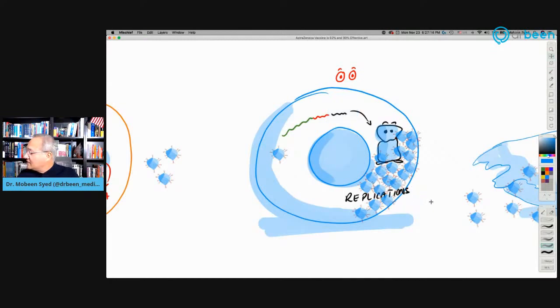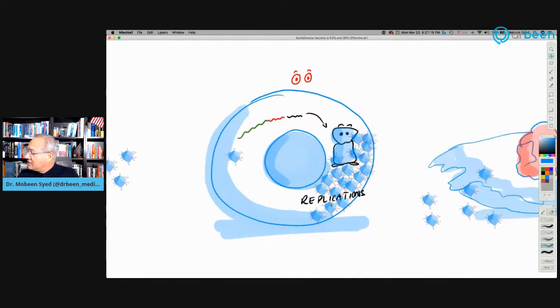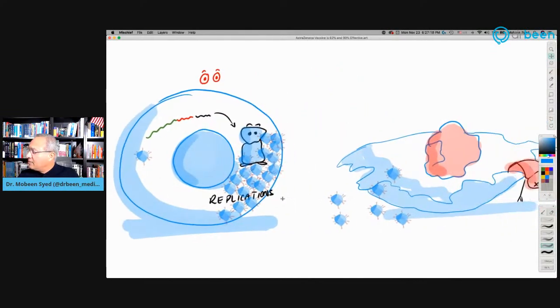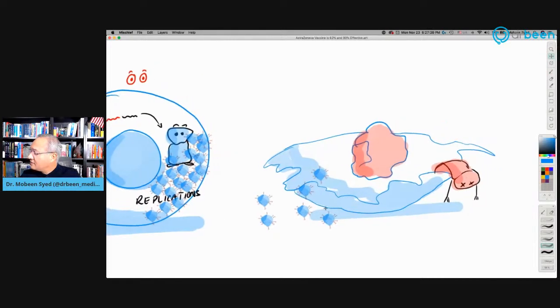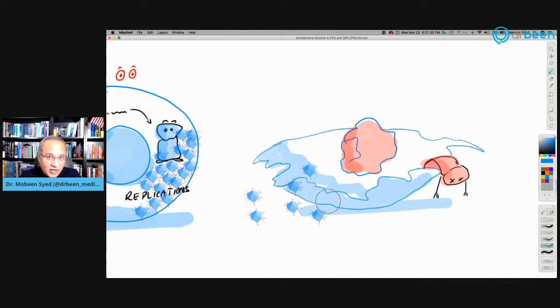So once these MR5 cells or whatever cells they are using, there are tons of these cells and they are just manufacturing these viruses. Then at some point, when they are comfortable that enough cells have formed enough viruses, they kill these cells. Once those cells are killed, then these viruses, which are actually a vaccine, come out.